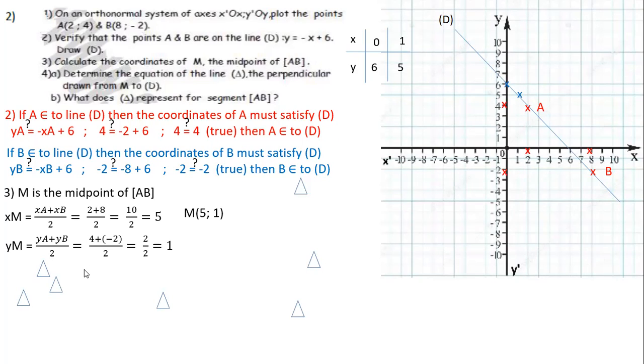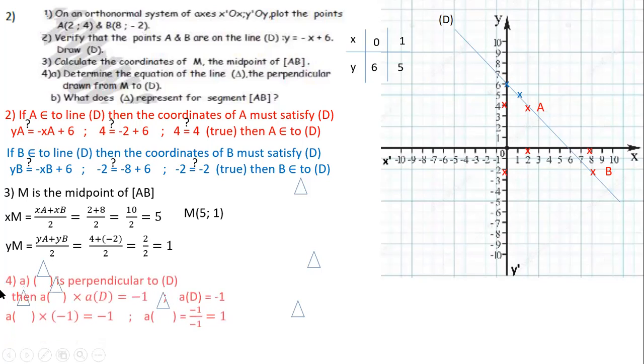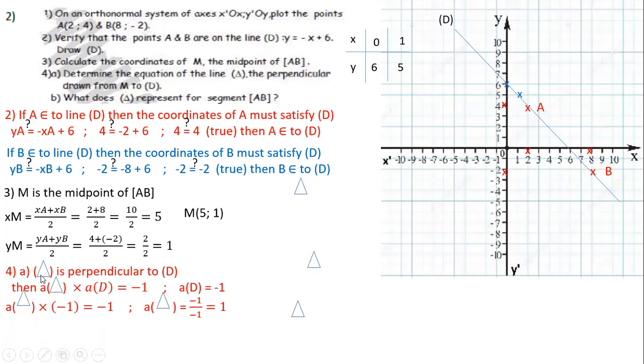Perpendicular. So what does the rule say? The slope of delta times the slope of D is equal to -1. So we say, since delta is perpendicular to D, then slope of delta times the slope of D is equal to -1.